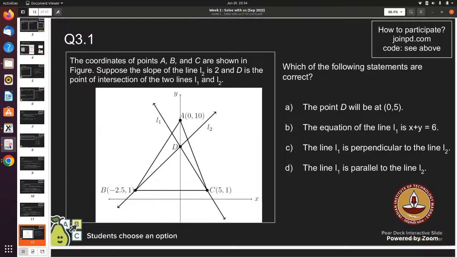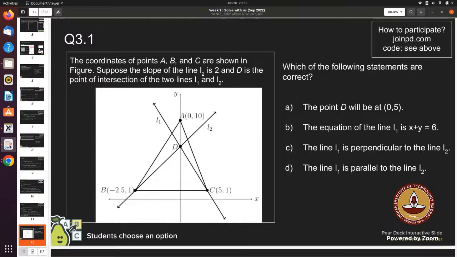The equation is, let's say the coordinate be x, y, then y minus 1 upon 0 minus 2.5 is equal to 2. Then we will get x equal to 0, y equal to 6.